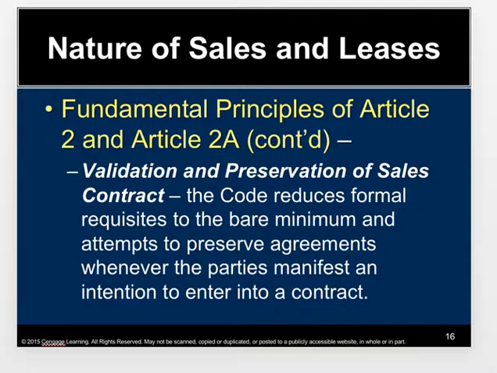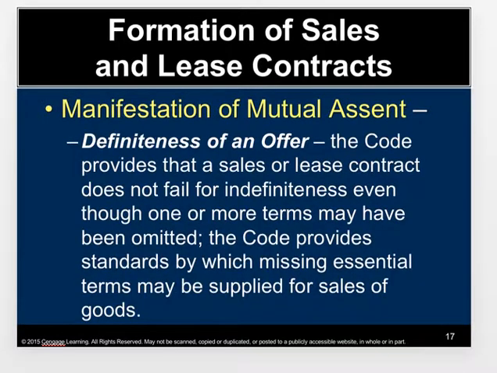So the parties really intended to be bound, and for whatever reason, not all of the formalities were followed, or there were some missing terms, the UCC will actually supply a lot of the missing terms, including price terms sometimes. This is something that under the common law, judges are very, very reluctant to do. So again, we see this little more freedom when we're talking about contracts in general under the UCC.